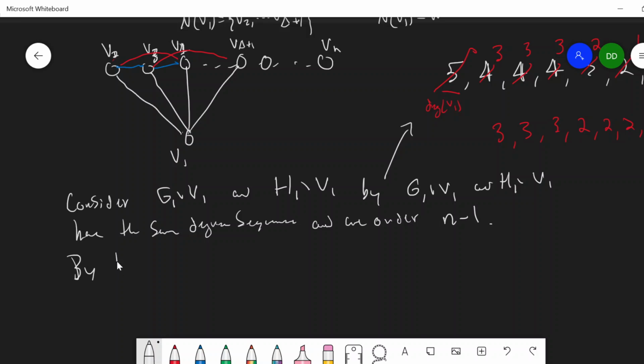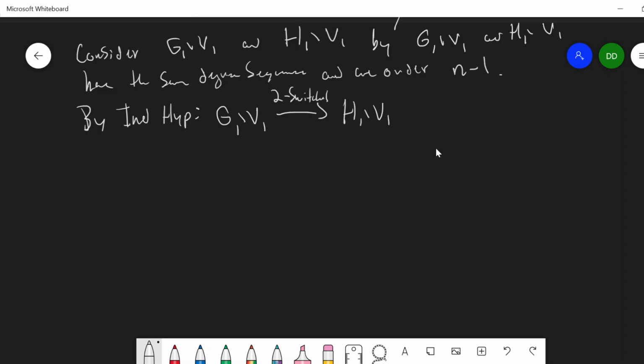So by induction hypothesis, they can be turned into each other by a sequence of 2 switches. So G1 minus V1 can be transformed by 2 switches to H1 minus V1. And really these arrows go both ways.